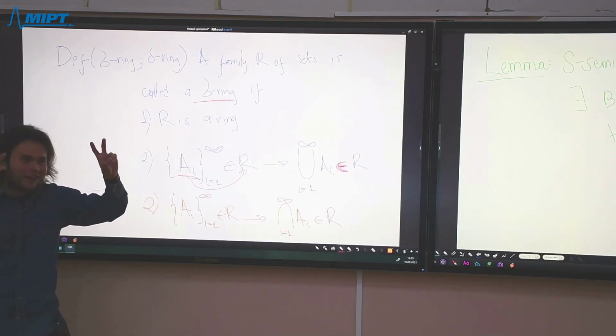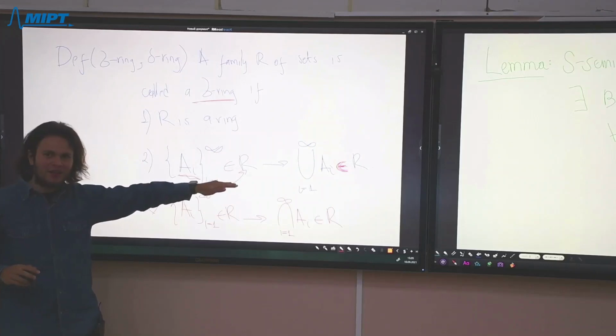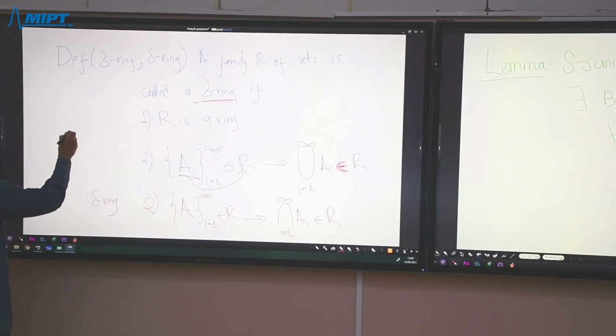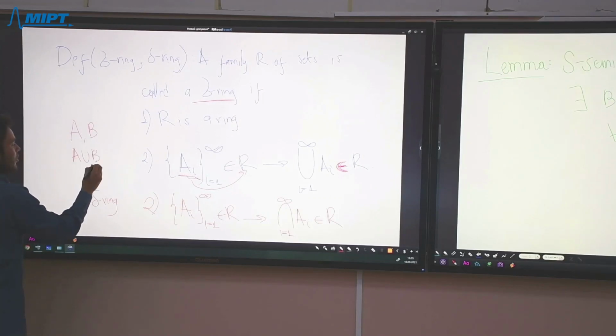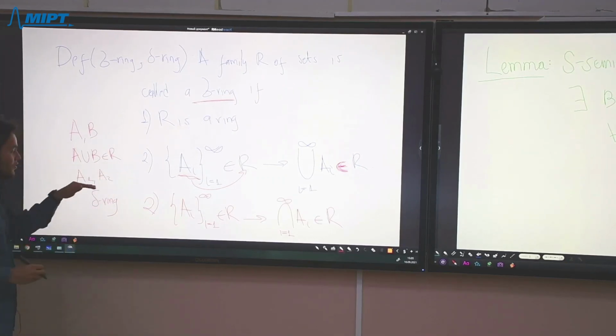That's not okay, because in that case it means that they are not elements of R, because we already proved that for any A and B, the union of A and B is an element of R, right? So if you get that A1, A2, this union is not an element from R, it means that A1 and A2 is not an element from R, I think.